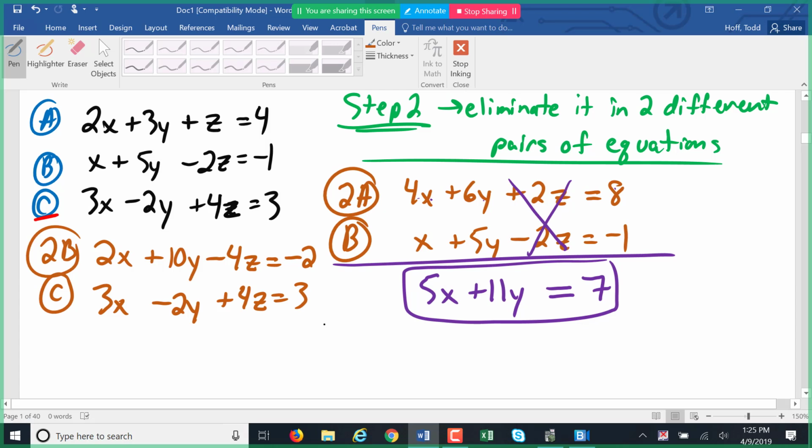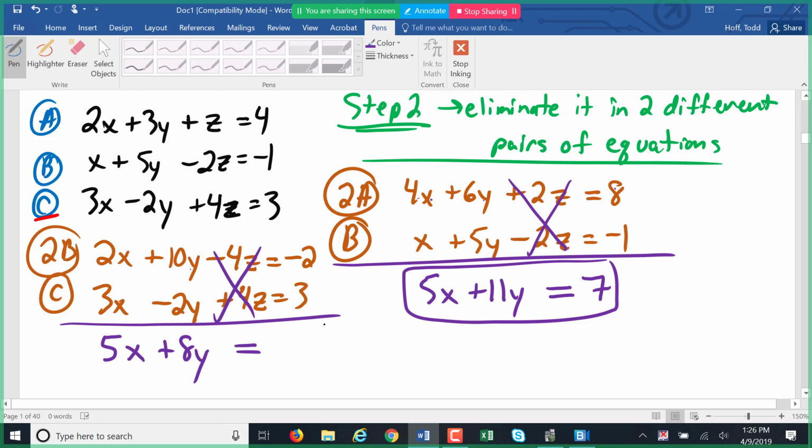And we're going to combine these equations. We're going to add them. 2x plus 3x is 5x. 10y plus negative 2y is 8y. Negative 4z plus 4z cancels out.